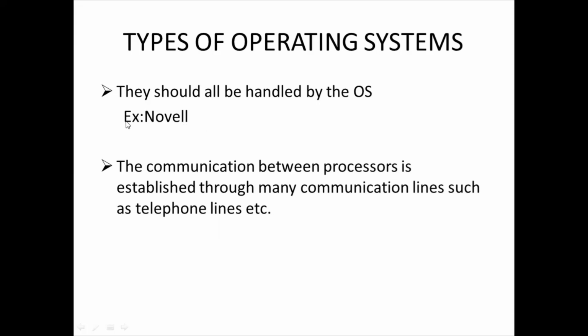The example is Novell. Here, communication between processors is established through many communication lines such as telephone lines, so the processors contact each other with the help of those lines.